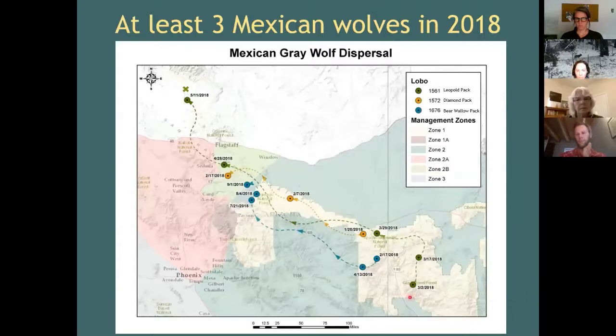So these are 3 different collared Mexican wolves that all left down in this area where the current reintroduction site is, moving up along the Mogollon Rim. You can see here, actually this wolf right here, 1572, is my background photo. You can kind of see me floating in it.